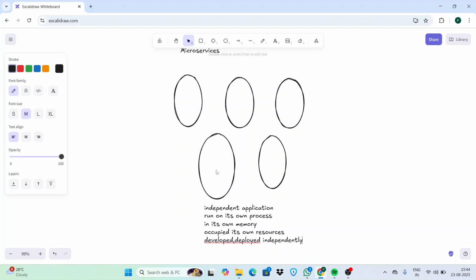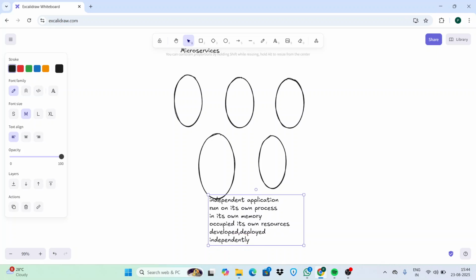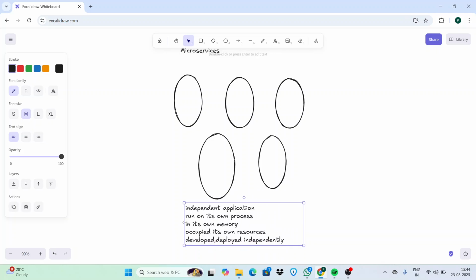Each service in microservices is an independent application which runs on its own process. It has its own memory, it occupies its own resources, and each microservice is developed, deployed, updated, even scaled independently without affecting the other microservices.